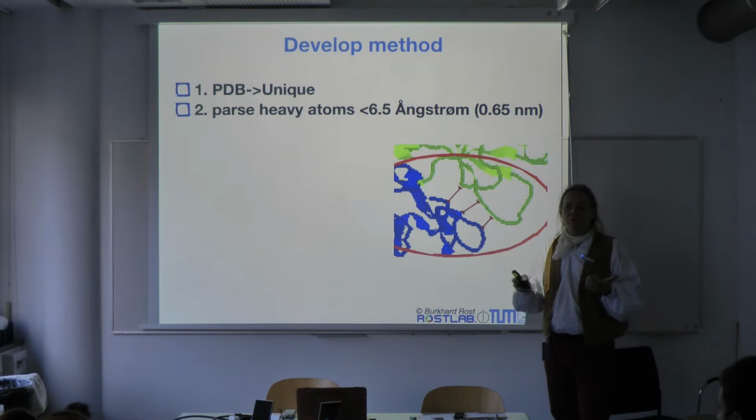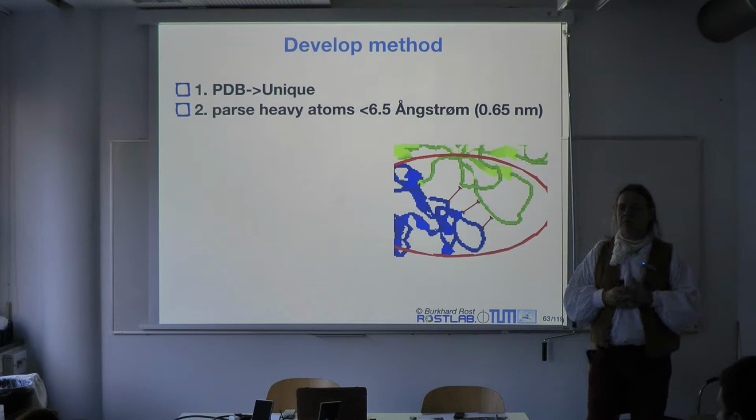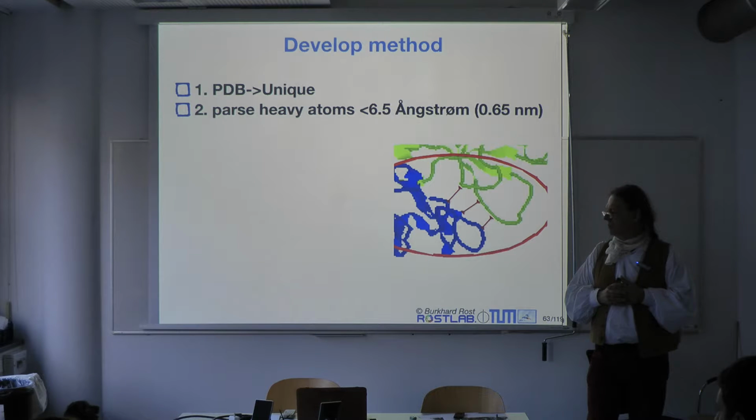Now, if I told you something like 15 angstrom, what is that? Do you know anything that is like 15 or 20 angstrom? How big are very, very tiny proteins? Anybody, any idea?